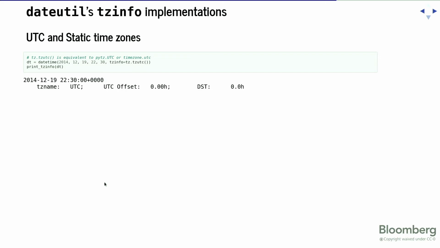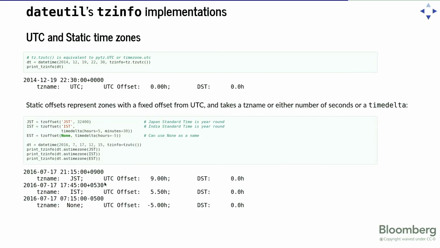So obviously it provides UTC. tzutc is the standard zone. That's pretty straightforward. You can also have static offsets. That's called tzoffset. You just have to give it a name and an offset. The offset can be an integer number of seconds or a timedelta. The name can be None or a string. And that's just a fixed offset.